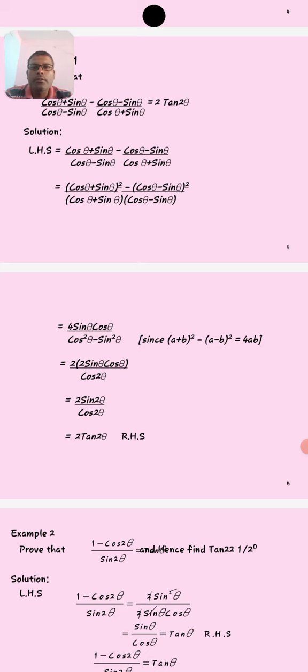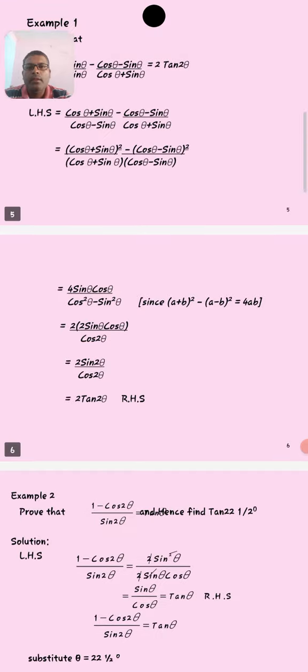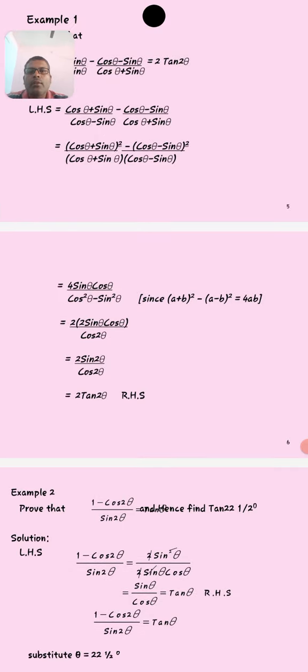Using that formula we get cos square theta minus sin square theta. We write 4 as 2 into 2, so 2 taken outside: 2 into 2 sin theta cos theta divided by cos 2 theta. 2 sin theta cos theta is equal to sin 2 theta, so 2 into sin 2 theta divided by cos 2 theta. Here sin by cos is equal to tan, so 2 into tan 2 theta.